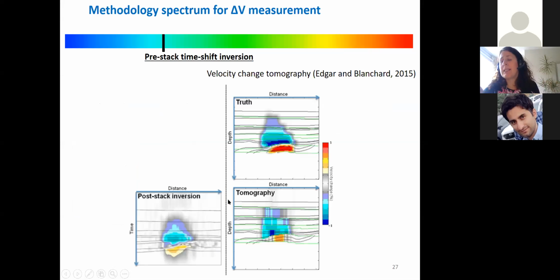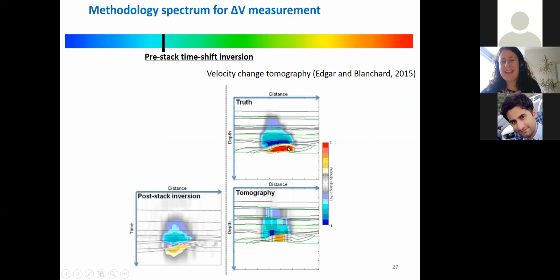So here you're seeing the results of this tomographic algorithm. This is again a synthetic case, and this is the true subsurface in terms of velocity change. They have a slowdown, a speed up, and a slowdown.